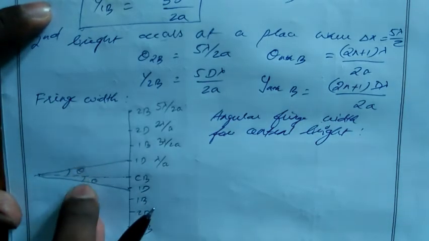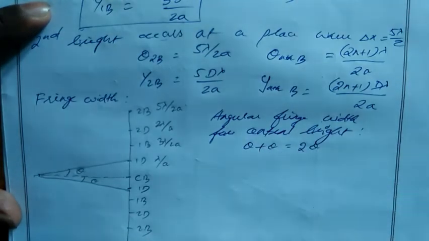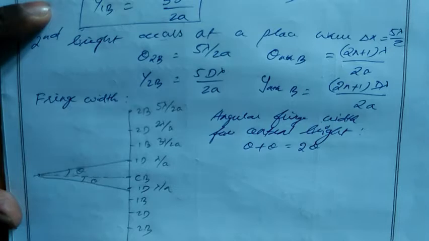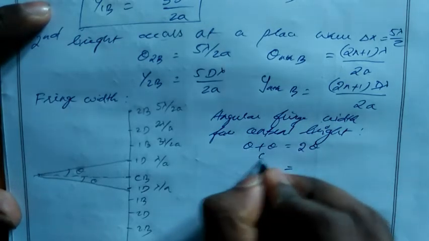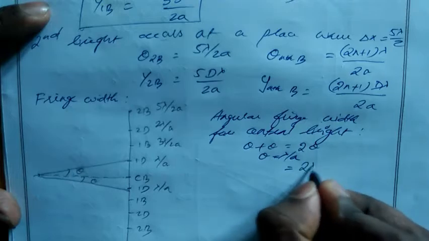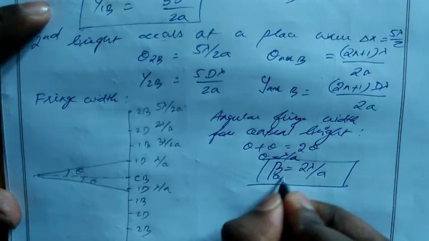Here we have theta, here we have theta. So theta plus theta equals 2 theta. And we know here lambda by a, here also lambda by a. So theta equals lambda by a, and 2 theta will be 2 lambda by a. So this is the fringe width only for the central.